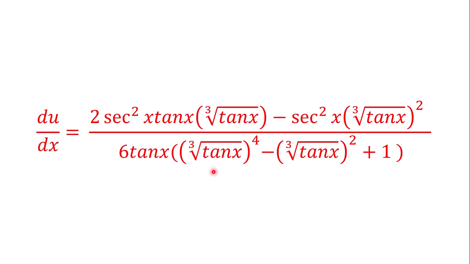Okay, so guys, that is the answer to the derivative of the A part, which is the 1/4 natural log of cube root of tangent x to the power 4 minus cube root of tangent x to the power 2 plus 1.